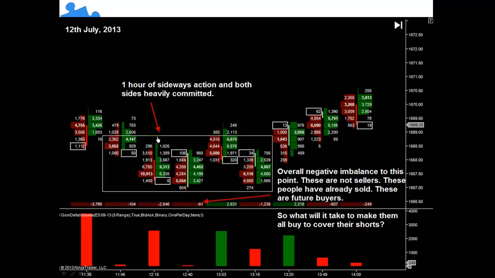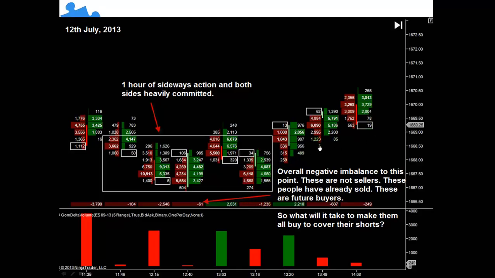Overall we're imbalanced to the downside, but considering all the trading that's gone through, 10,000 here, 9,000 here, 6,000 here, the imbalance is quite small. Then we get this last attempt to push down, where we add some more to the imbalance. And after we've added to the imbalance that final time, we move up.